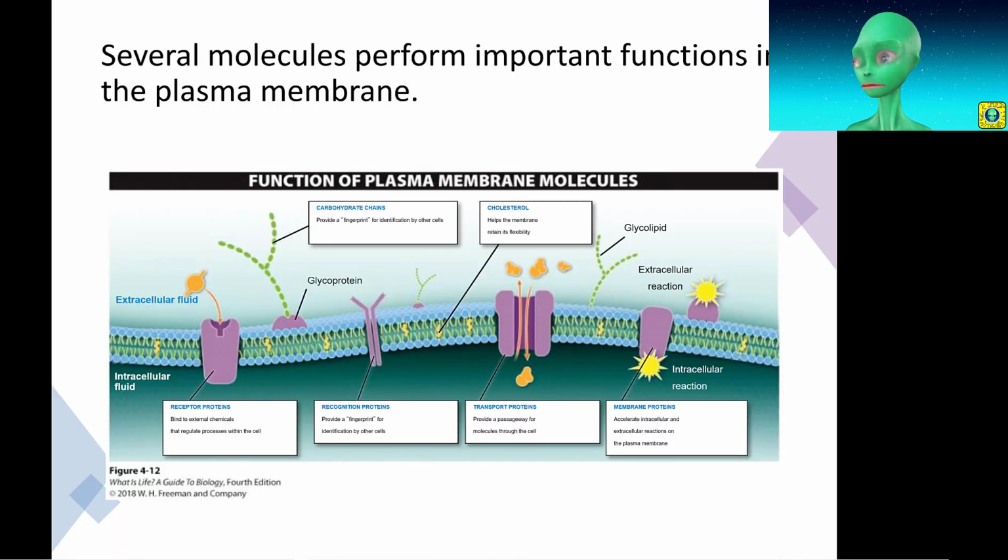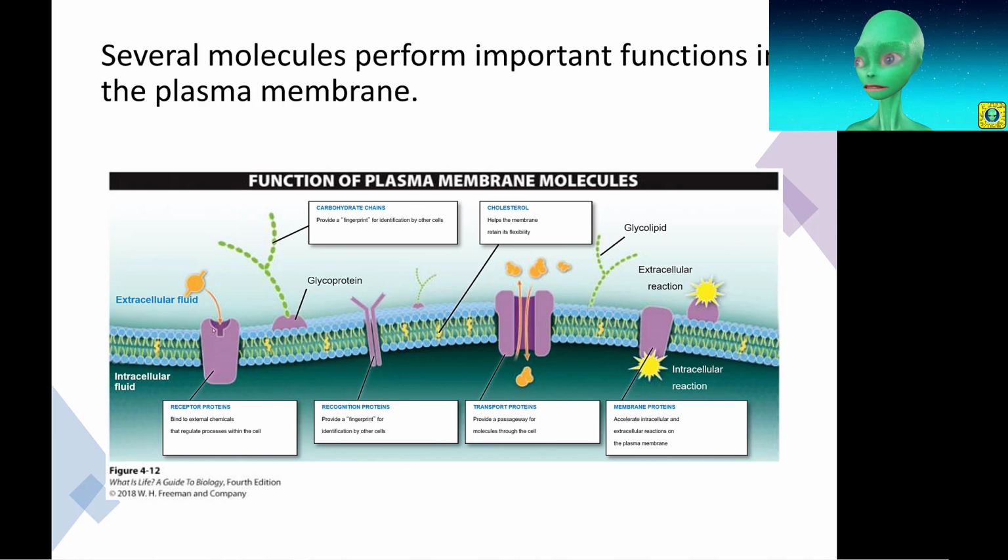The function of the plasma membrane, again, if I delineate the aspects of the things floating in it, we have the carbohydrate chains, the cholesterol for stiffening, transport proteins, and membrane proteins for various reactions and sites at things that need to get done. The transport moves things in and out, as I just mentioned.